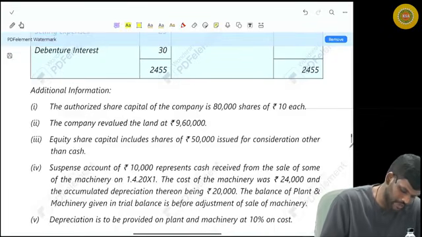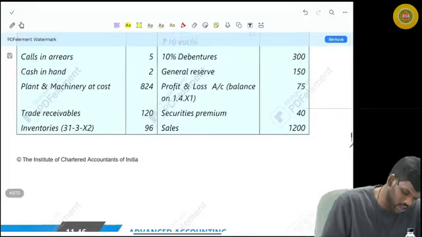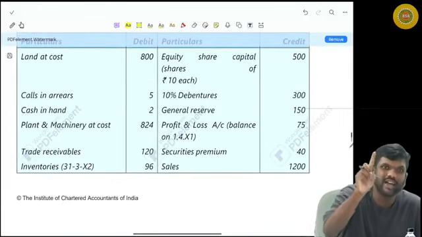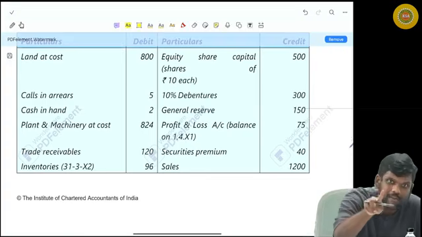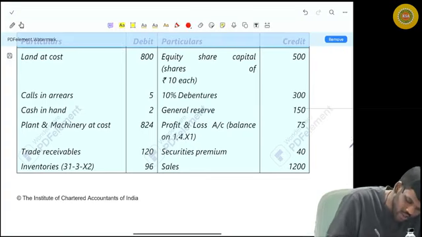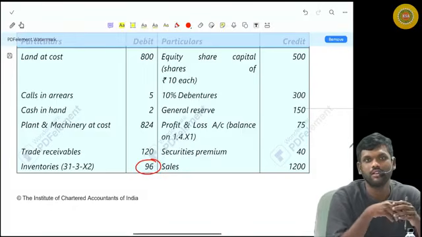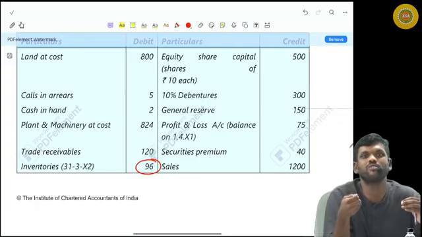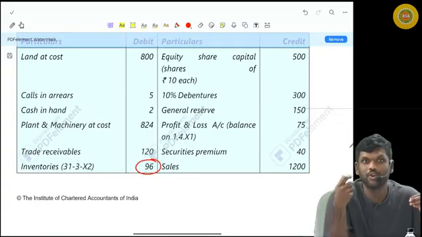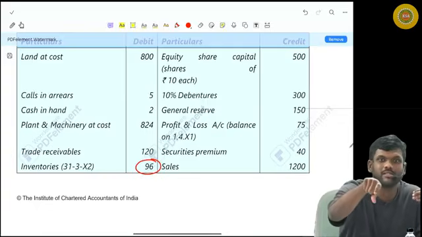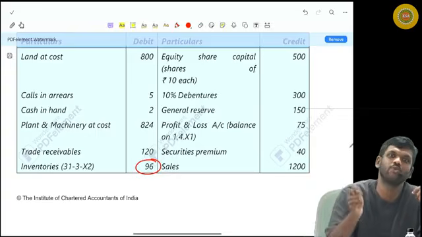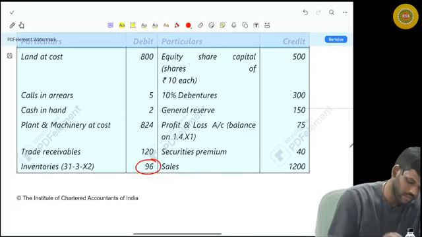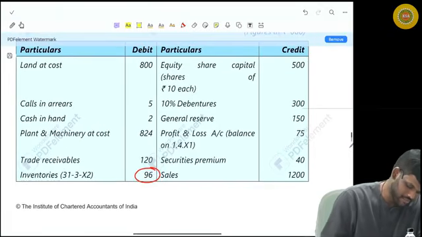Only when in the trial balance you have adjusted purchases can closing stock be inside the trial balance. If you have full purchases inside the trial balance, then your closing stock will be given as an adjustment. When your closing stock is inside the trial balance, whatever purchase is given to you is adjusted purchase after subtracting that closing stock. Ensure you are clear with this.